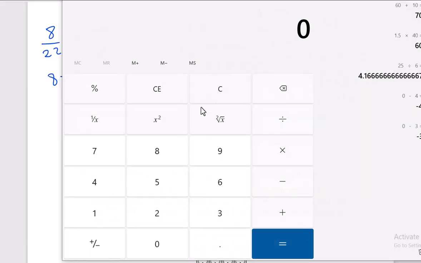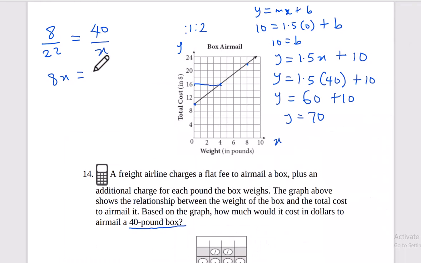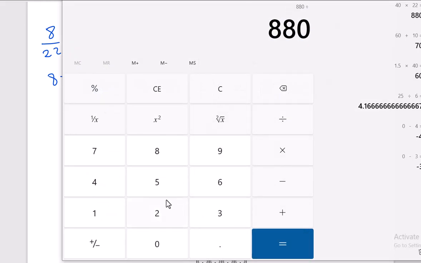Let's see. 40 times 22 is 880. So x is equal to 880 divided by 8. We are solving for 40 pounds. I want to know the amount. So 880 divided by 8.